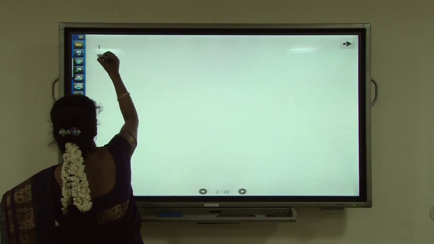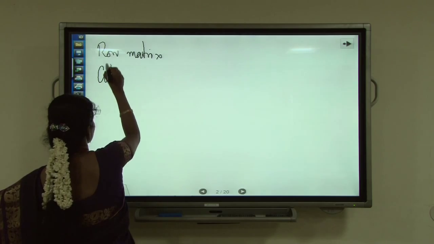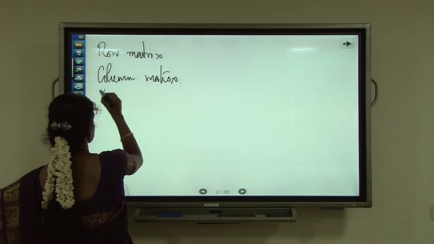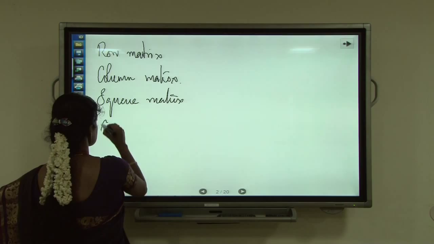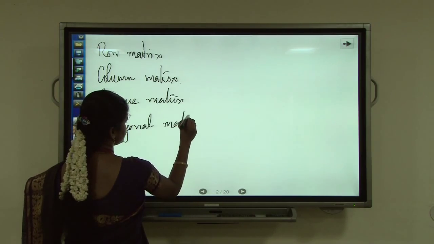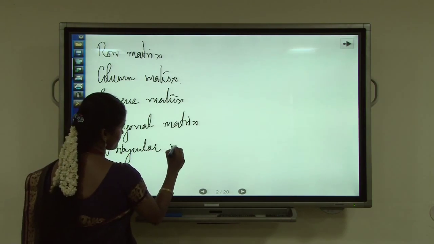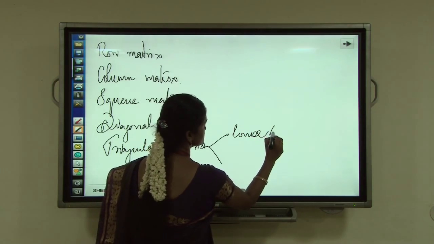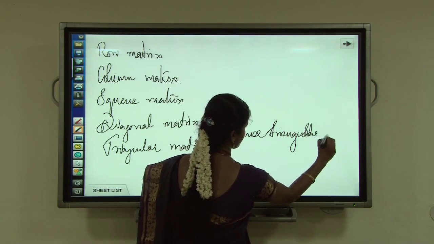The first is a row matrix, column matrix, square matrix, diagonal matrix, triangular matrix, here we have lower triangular and upper triangular.